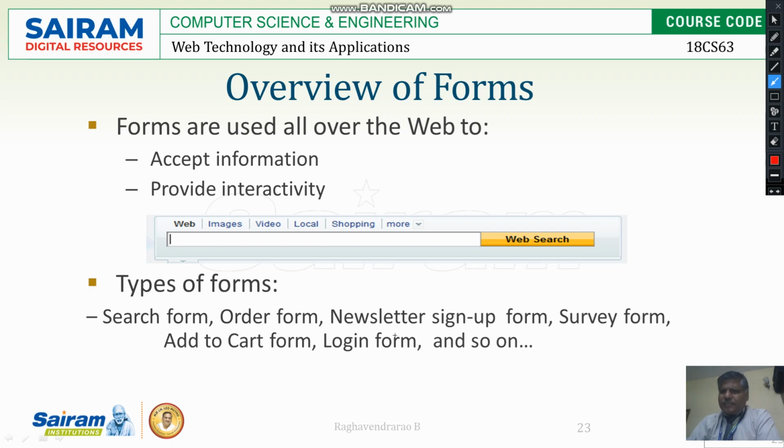Then we have newsletter sign-up forms, survey forms, and add-to-cart forms. On Amazon, you can see login forms. Without login you cannot buy anything there, because it is an interaction.